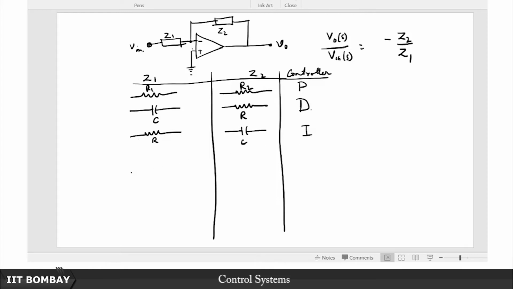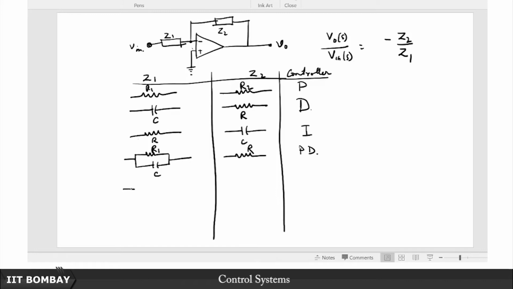So now if you want to consider a PD controller, for instance, then what you do is you put this resistance in parallel with the C, you call this R1, you call this C. This is the structure of Z1, and the structure of Z2 is just an R. So this is going to be your PD controller, right.